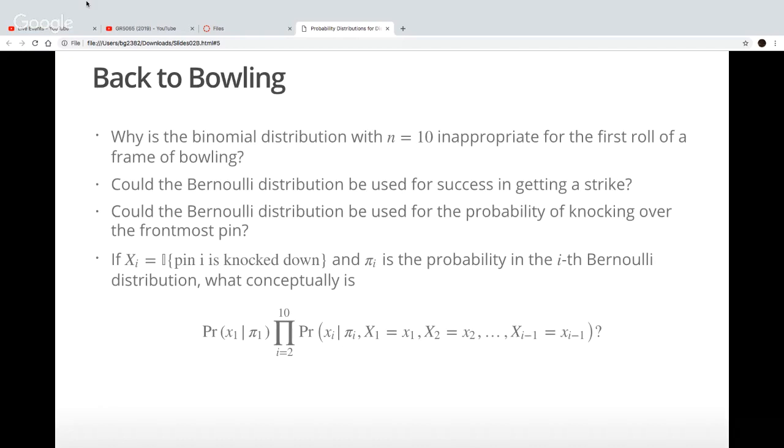And that would be a really complicated thing to say, like, what is the probability that the 10th pin gets knocked down, given that the 9th was and the 8th wasn't and the 4th was and the 3rd wasn't, all these sorts of things. But that would be the way to do it if you were using Bernoulli distributions, rather than saying all these pins are independent of each other and they have the same probability of getting knocked down.